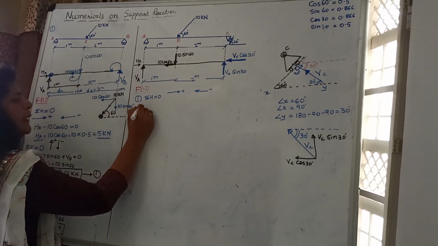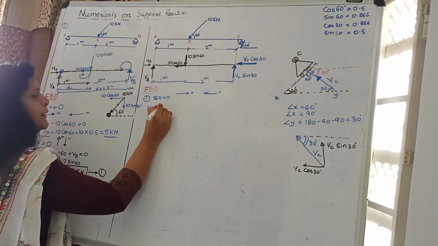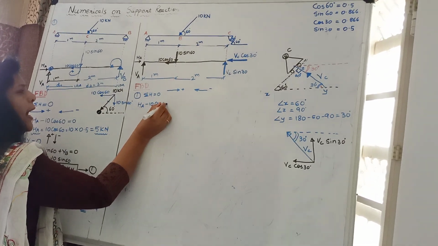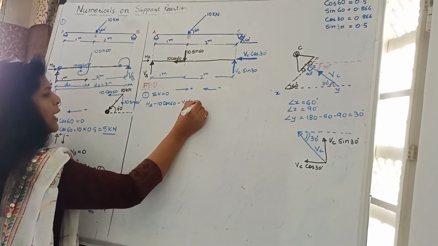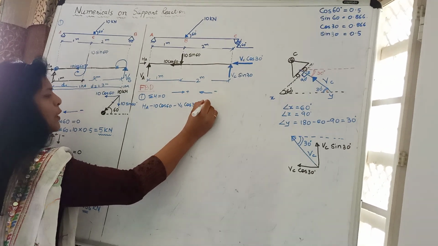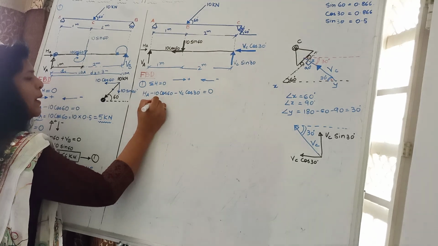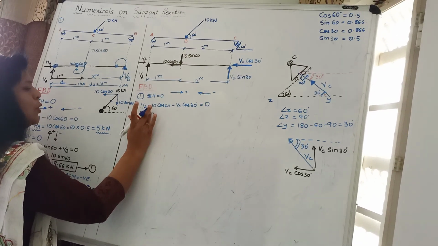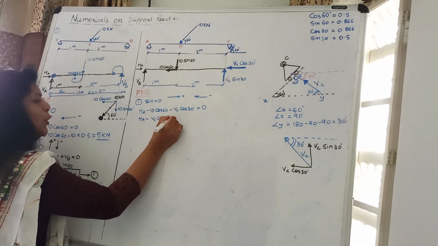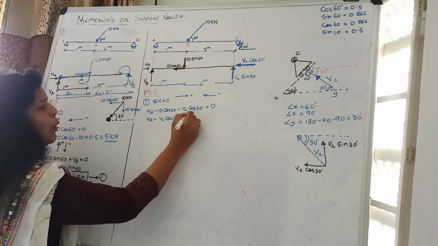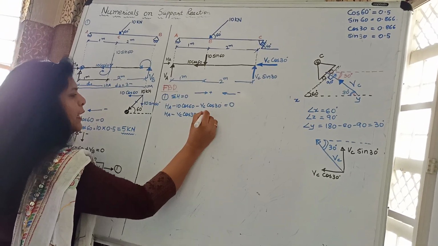HA is going towards the right, positive, 10 cos 60 is moving towards the left, negative, and VC cos 30 is moving towards the left, again negative, and the sum is equal to 0. So we get the equation HA minus VC cos 30 is equal to 10 into cos 60, which is 0.5, so 5 kilonewton. Should I write over here 10 into 0.5?